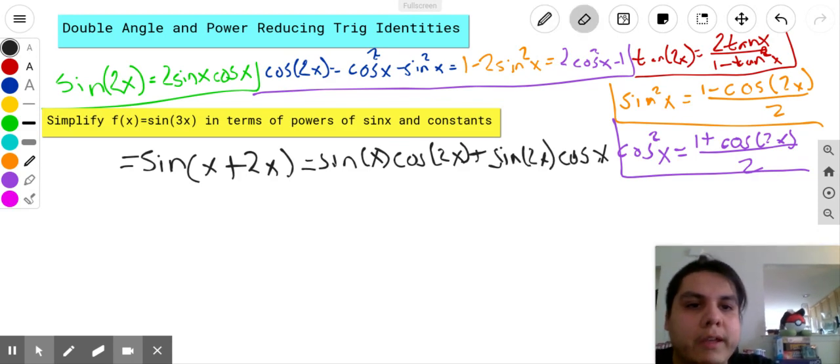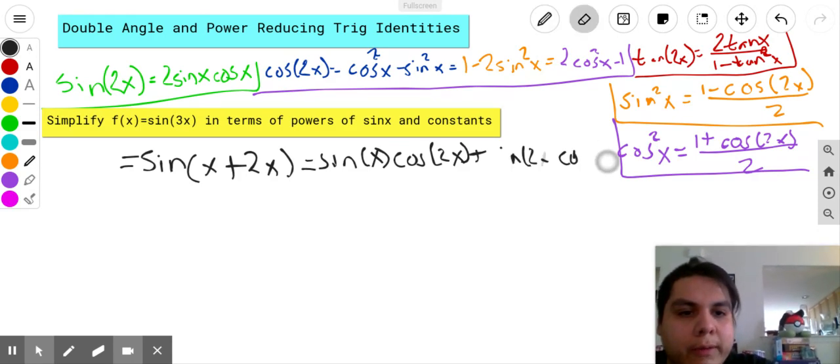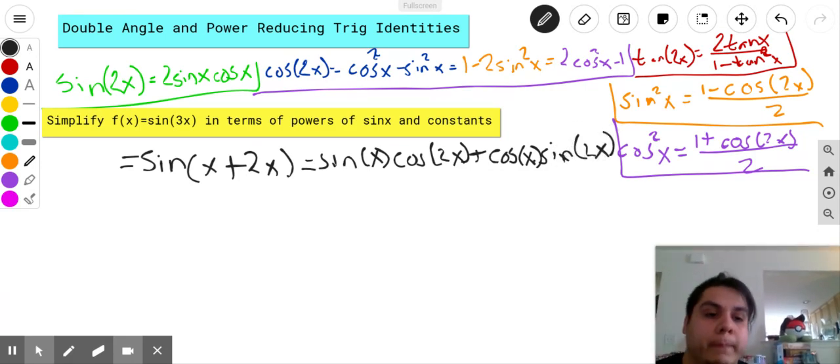Because we're going to have to do some substitutions, I'm going to do it that way now that I think about where this is going. All right. So now that I have that, I can use my double angle identities for both sine of 2x and cosine of 2x.